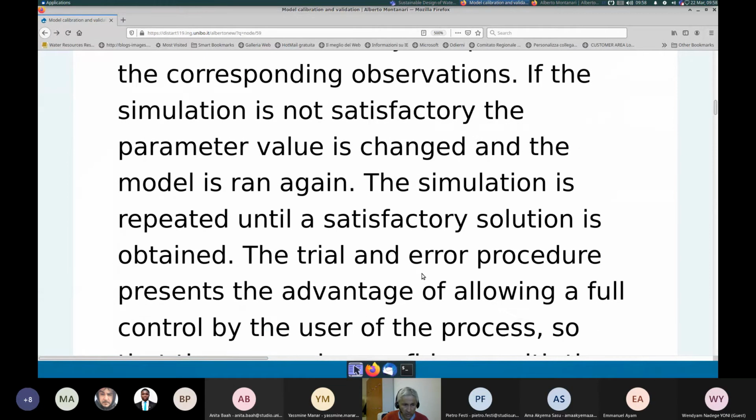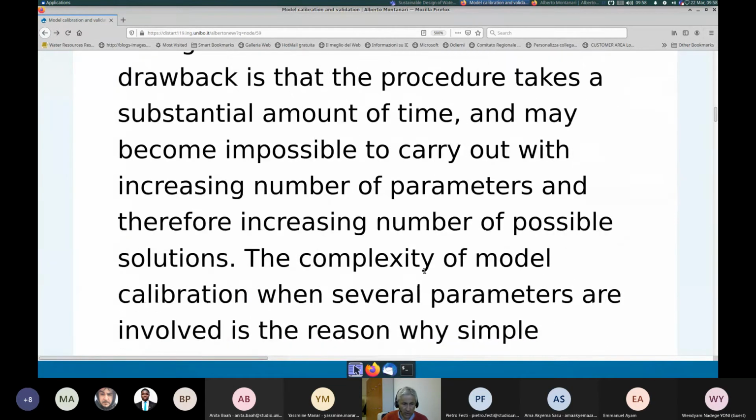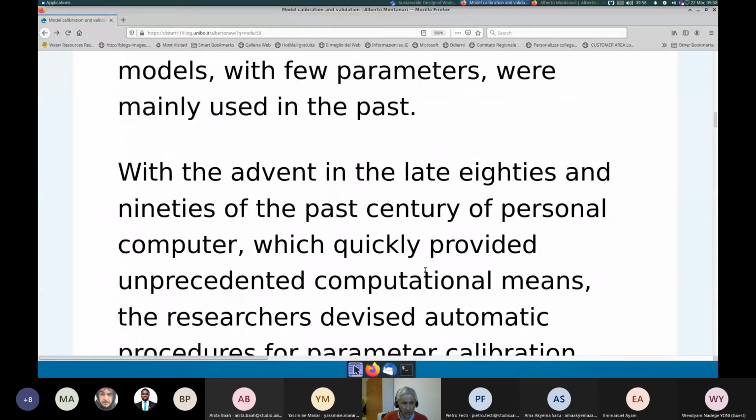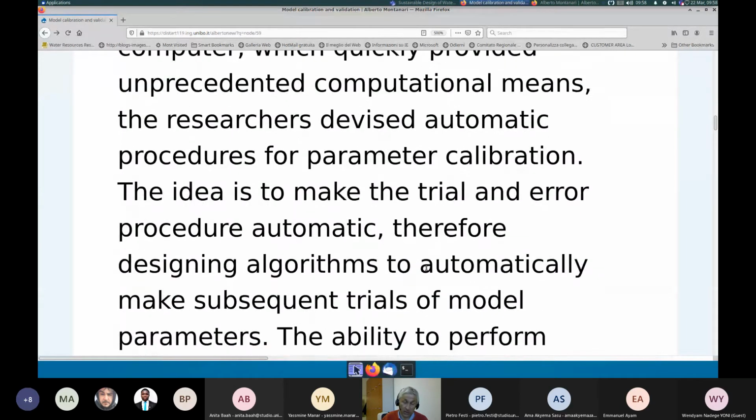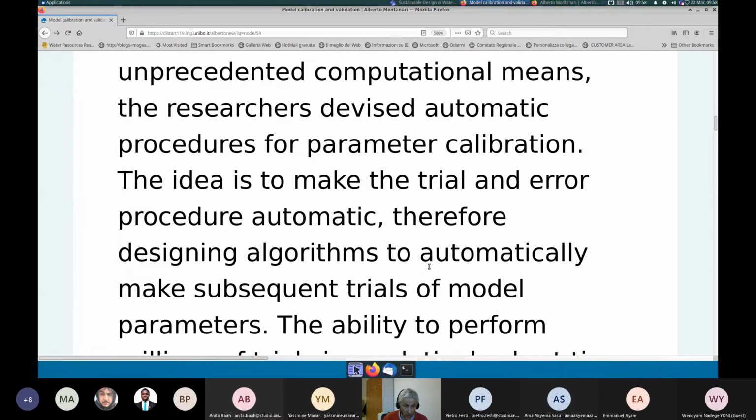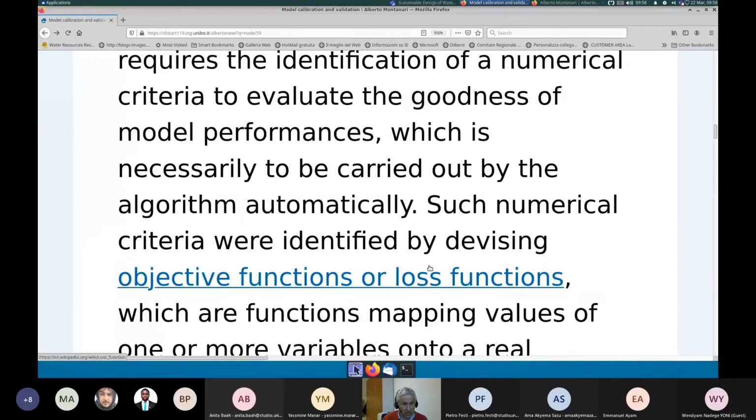And quantitative criteria, I'm scrolling down the page, have the disadvantage that they require some computation. The visual comparison doesn't require any computation. Very good. But let's look at these quantitative criteria and at this row here.